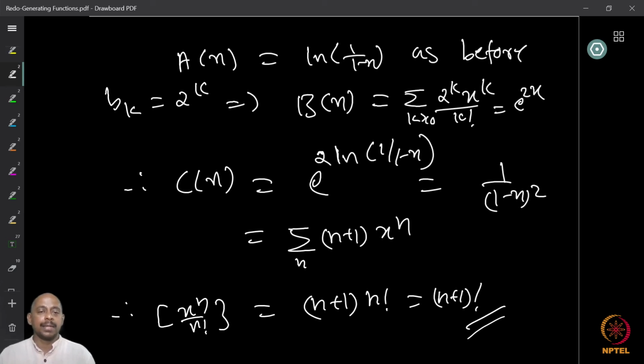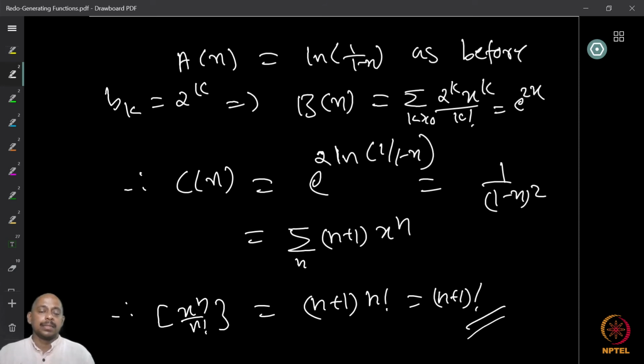We can decide whether to give water or juice, so two choices for each, and we have 2 raised to k possibilities. Therefore b of x, the generating function for the type B structures on these tables, is precisely the summation of 2 raised to k x raised to k by k factorial, which is e raised to 2x.